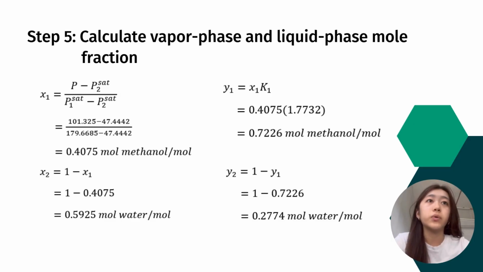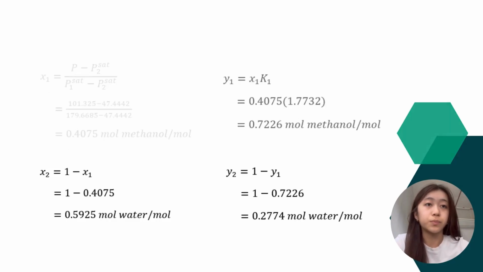After substituting all the values, we get y1 equal to 0.7226 mole methanol per mole. And then we get y2 by using the formula 1 minus y1, and we got 0.2774 mole water per mole for y2.